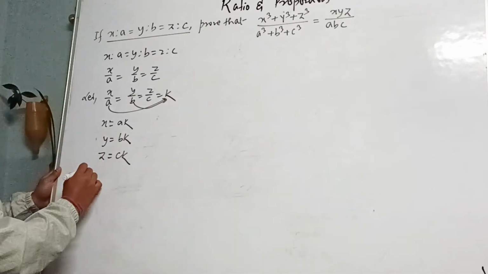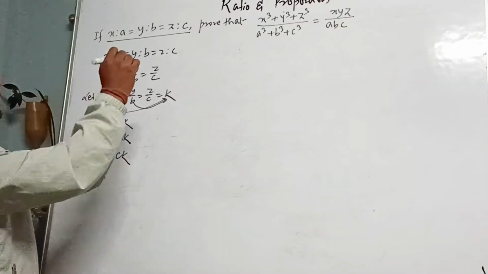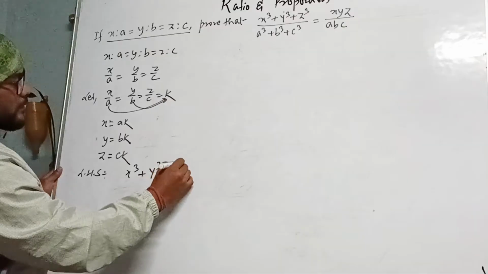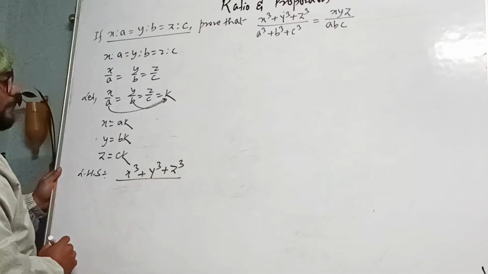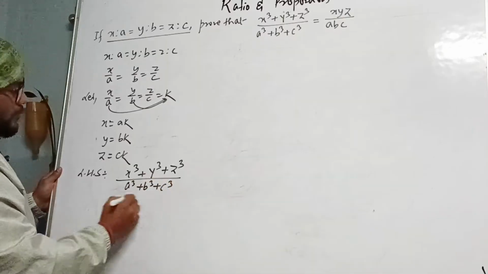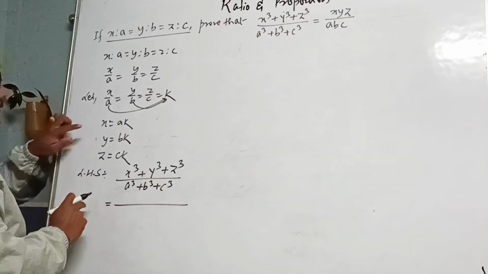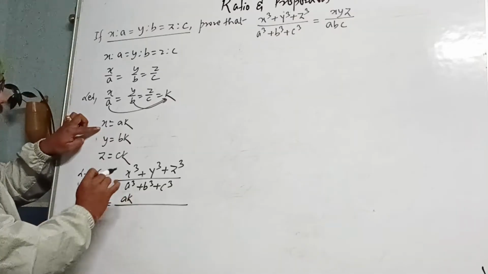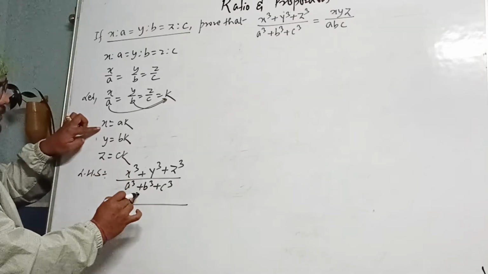Now let's go to the LHS. So the LHS is given here: x cube, y cube, z cube divided by a cube, b cube, and c cube. So you have the value of x as ak, and the cube is given here. You replace with cube.